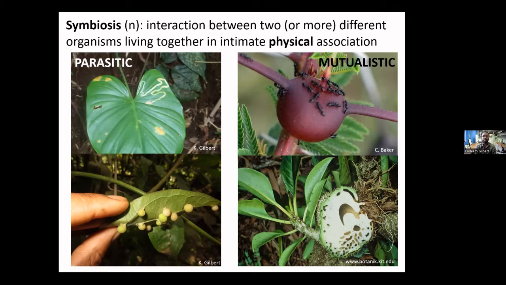But the interesting thing that links both ends of the parasitism to mutualism spectrum conceptually for me is that in both cases, we have to think about the physiology of the plant, because these insects or other organisms in the environment of the plant have the ability to have an outsized effect on its inhabitants by changing its physiology and therefore changing the entire environment that its symbionts are exposed to. So that's a concept that I'm really interested in here.